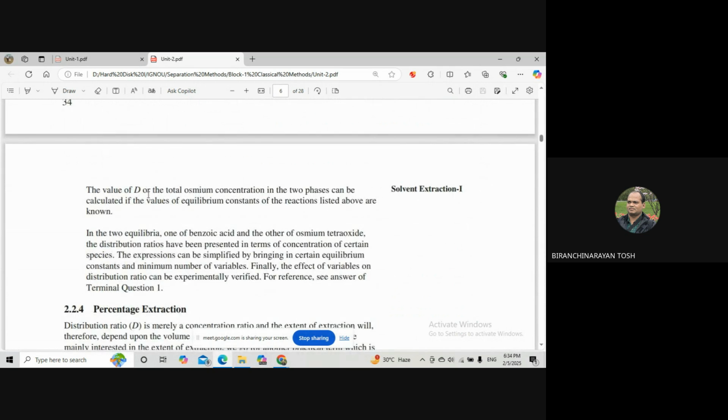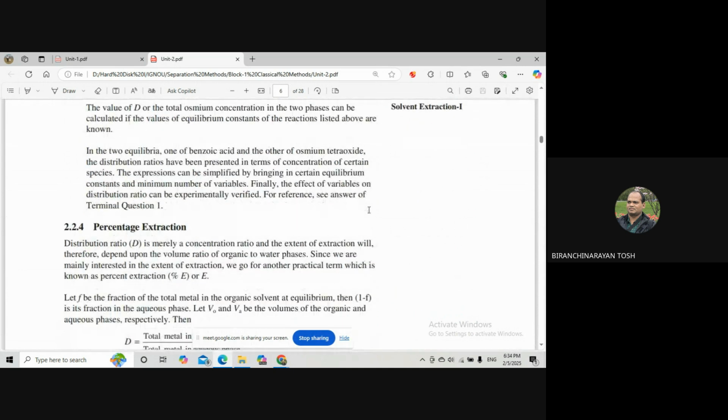The value of D, or the total osmium concentration in the two phases, can be calculated if the values of the equilibrium constants of the reactions are known. So in the two equilibria, one of benzoic acid and the other of osmium tetroxide, the distribution ratios have been presented in terms of the concentrations of certain species.